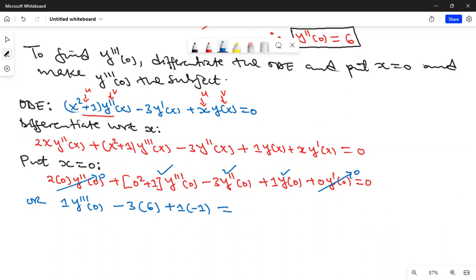The right hand side should be equal to 0. So make y third prime the subject. This simply means that y third prime of 0 should be equal to negative 18 minus 1. That's negative 19. Take it to the right hand side, you get positive 19.